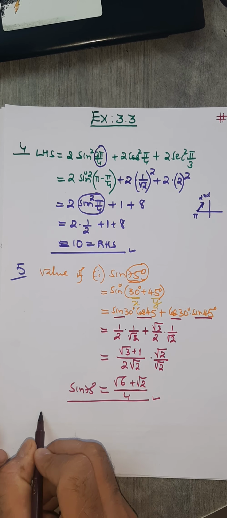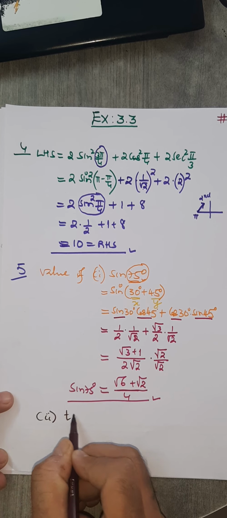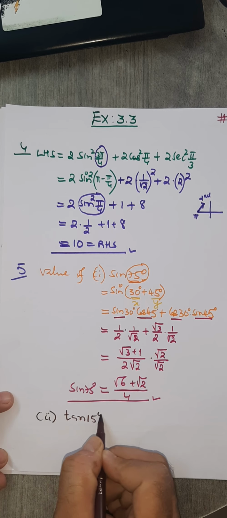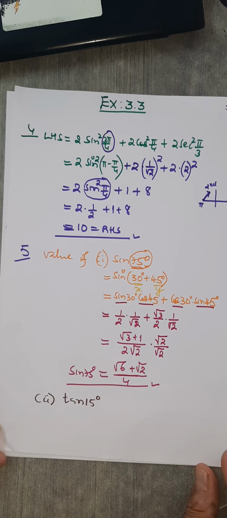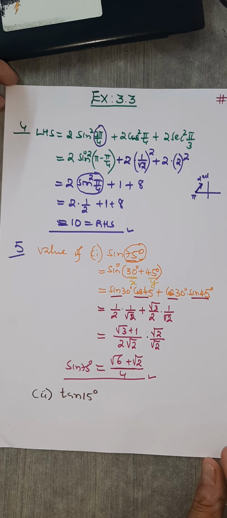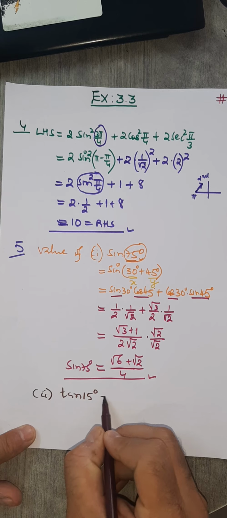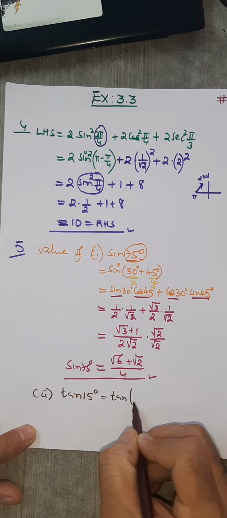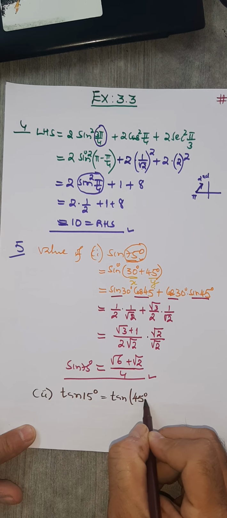We did such questions earlier. One more you are asked here, that is tan 15, sorry. Now tan 15 you can express as the summation or difference of two standard values. So I can write here, for example, 45 minus 30.